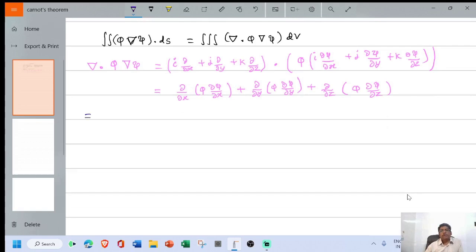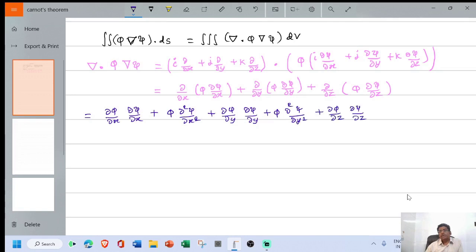This is equal to dou phi by dou x dou psi by dou x plus phi dou square psi by dou x square, plus dou phi by dou y dou psi by dou y plus phi dou square psi by dou y square, plus dou phi by dou z dou psi by dou z plus phi dou square psi by dou z square.